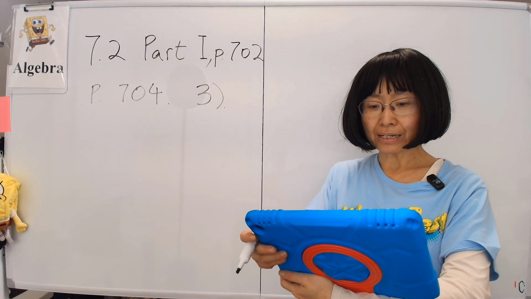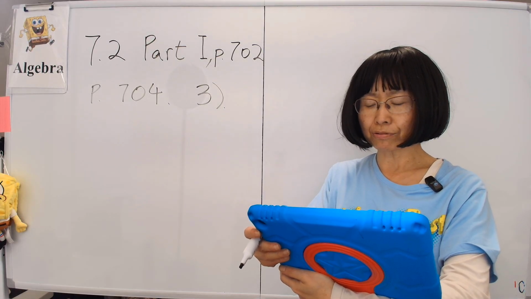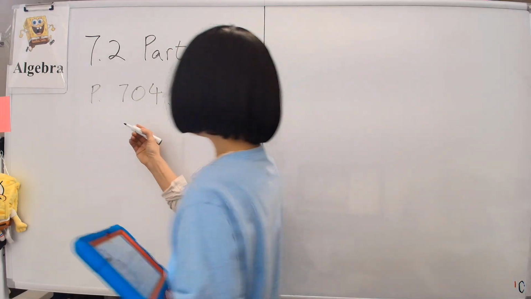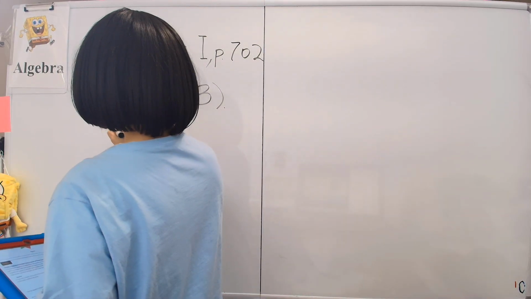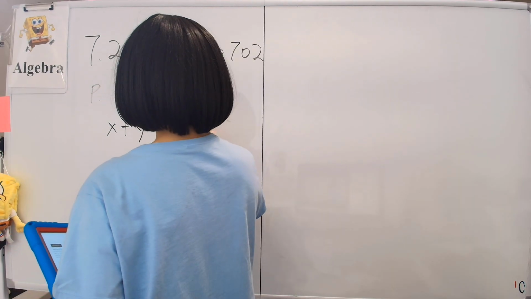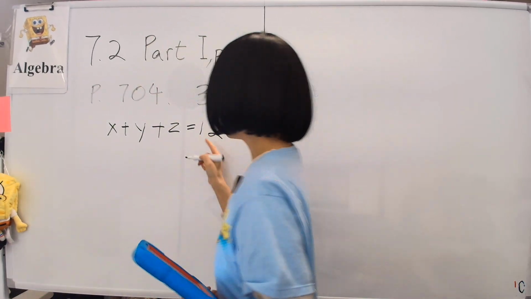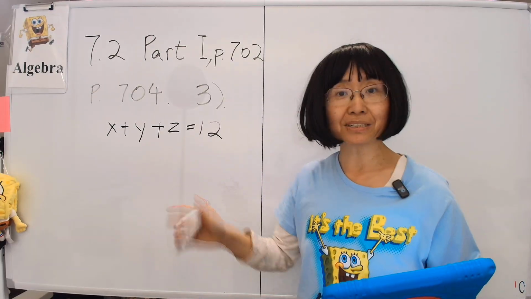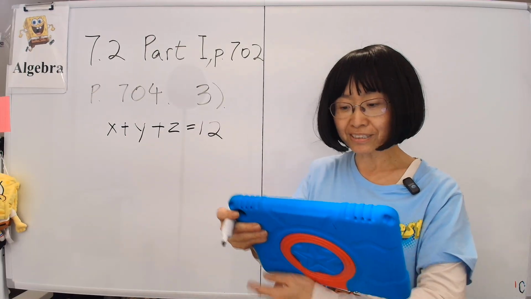So the money is being invested in 3 ways. Let's call them x, y, and z. So the first equation is x plus y plus z equals 12. Now don't forget 12 means 12,000. Otherwise, once we get the answer, we need to add 3 more zeros to it.